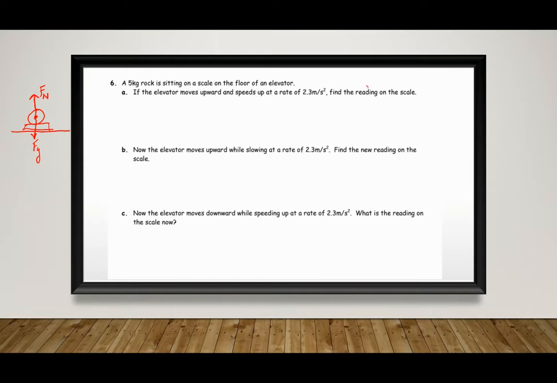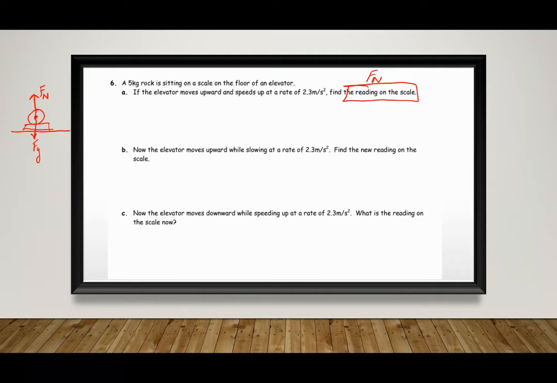So when we're looking at finding the reading on the scale, we're looking at what is our normal force. Okay. And something that's really important to note is that your normal force, yes, it counterbalances the force due to gravity when you're dealing with something that's up and down forces and a normal force on a support like that, but it doesn't have to be.